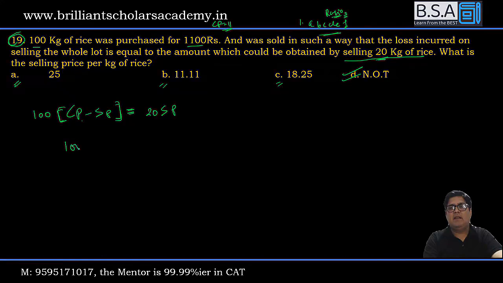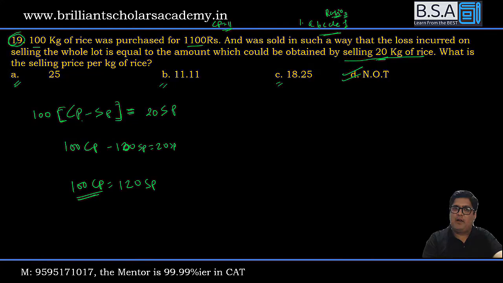I will say 100 CP minus 100 SP is equal to 20 SP. 100 CP is equal to 120 SP. So 100 CP is the cost of the complete lot. That makes it 1100 is equal to 120 SP.